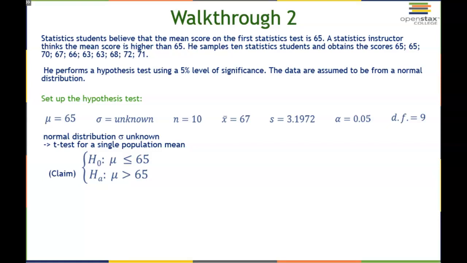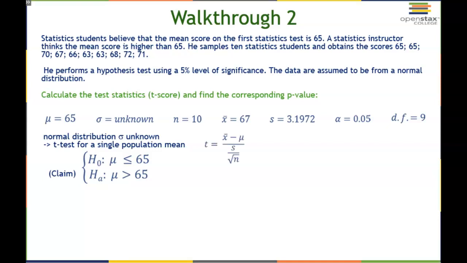We can figure out what our test statistic, our t-score, is. And once we find our t-score, we can translate our t-score into a p-value using a website technology. The equation for t is t equals x bar minus mu all over the sample standard deviation divided by the square root of n.